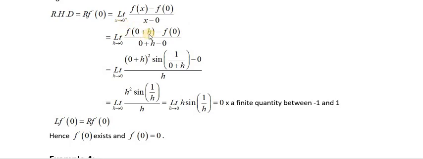Here f of x value is x square into sine 1 by x, so 0 plus h whole square sine 1 by 0 plus h, minus f of 0, which is 0, the given value. 0 plus h whole square is h square sine 1 by h.